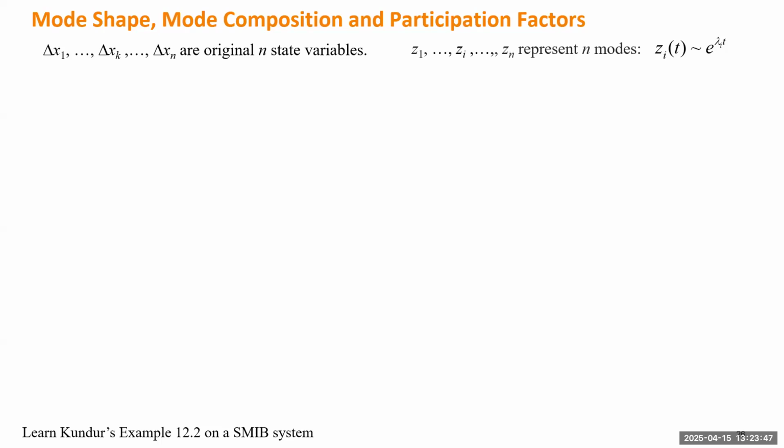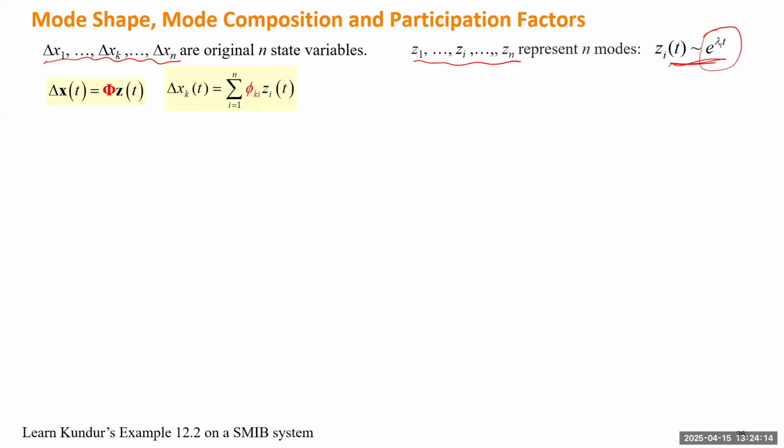So we know delta S1 to delta Sn are the original state variables, and Z1 to Zn are the new state variables, each categorizing a mode. We can simply call Z1 mode 1 or Zn mode n, because that really tells how the oscillation happens regarding that mode.